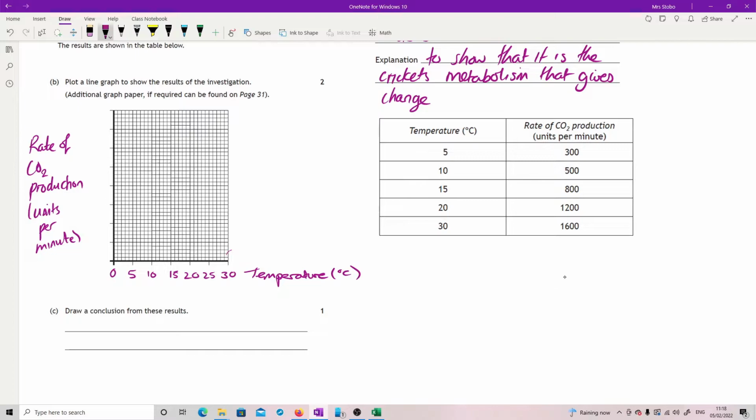And we're going up to 1600, and I think we're still going to start as 0, but let's just check. 2, 4, 6, 8, 10, 12, 14, 16. Yeah, start at 0 and go up in 200s. So 2, 4, 6, 8, 1000. I'm sorry about how scribbly this is, but hopefully you can still get the usefulness out of it.